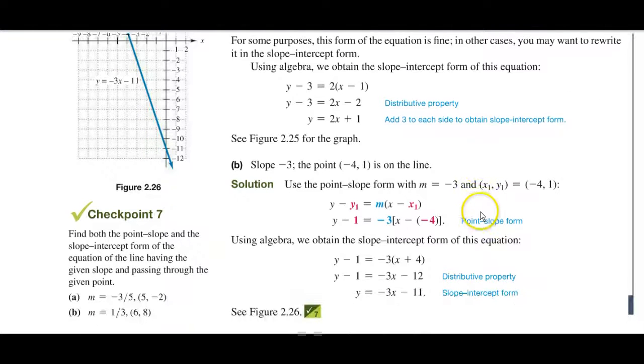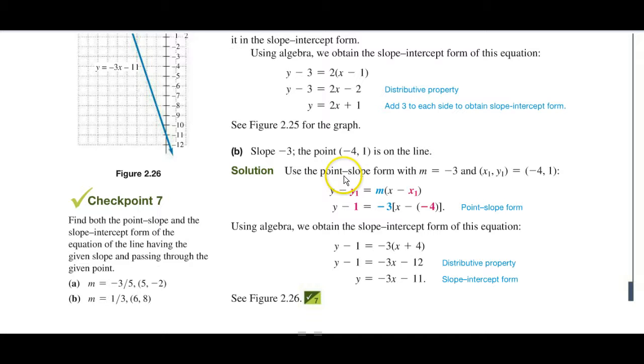Okay, here's another. The slope is negative 3. There's the point. They put it into the equation, and there you get it. I could write all this out for you, but you can pause it, and you'll be trying it out in your math lab and your quizzes.